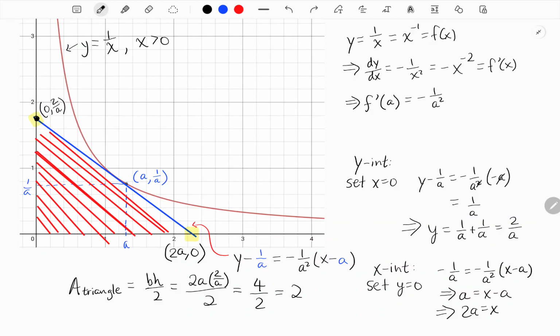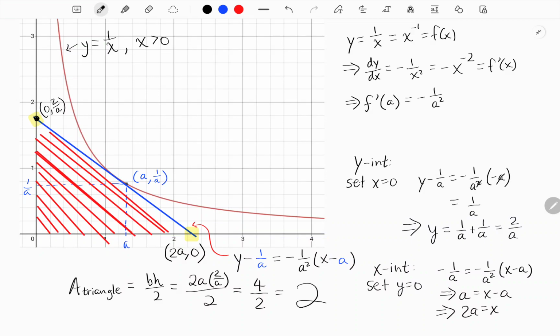So it actually doesn't matter what a you give me. If you let a be 5, if you let a be pi, if you let a be square root of 2, if you let a be 1 over 1,000, as long as a is positive, the tangent line to the point (a, 1 over a), when it intersects with the y-axis and the x-axis, the area that is bounded by that tangent line, y minus 1 over a equals negative 1 over a squared times x minus a, and the x-axis and the y-axis, those three lines will always give you a triangle, and that triangle would have an area that is always equal to 2.